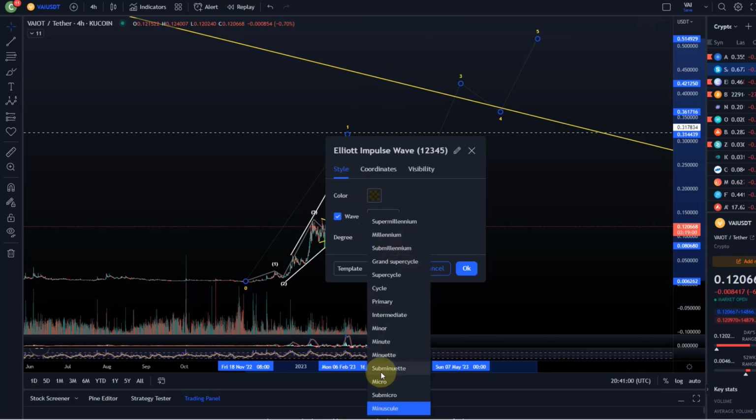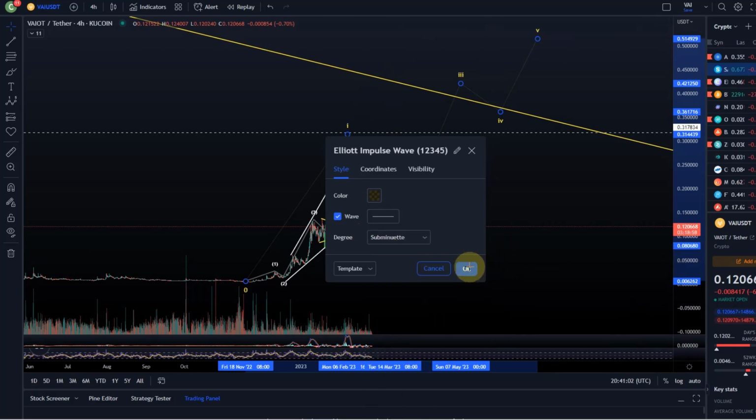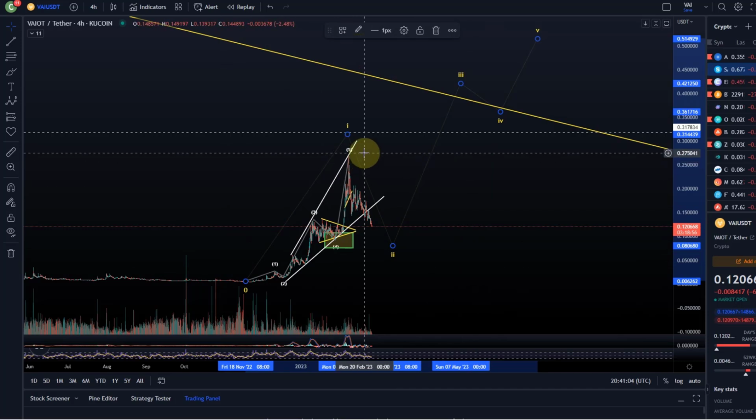Now, the problem with that structure is that with a diagonal, as I have just shown you, it could easily just be an ABC structure. So you don't know, was it just a corrective pattern or was it something bullish? Which means diagonal patterns always need proof. They need to prove themselves.